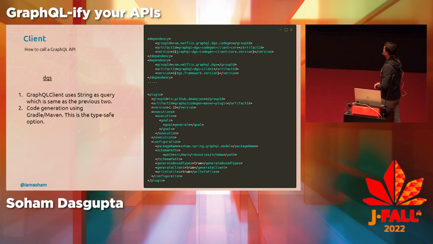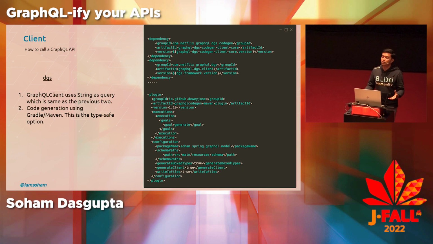DGS, on the other hand, provides a plugin. They created a Gradle one themselves, and a community created a Maven plugin. Using that plugin, you can generate all the objects that you need. You can even generate the query that you need to do. So it takes a lot of string parsing and JSON parsing out of your hands.